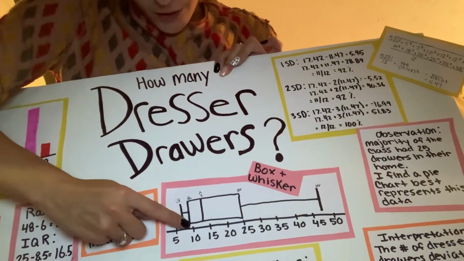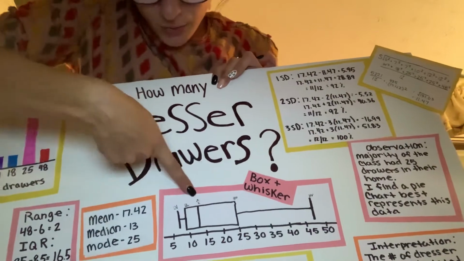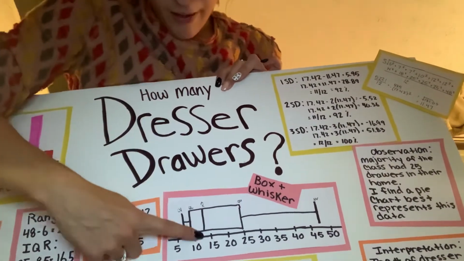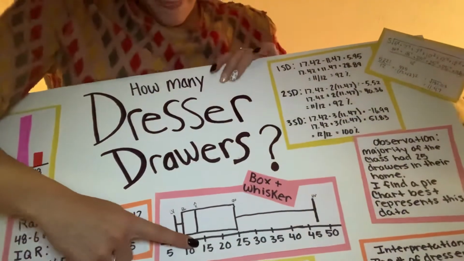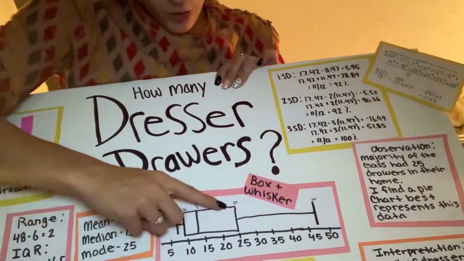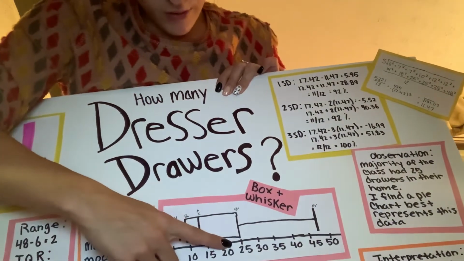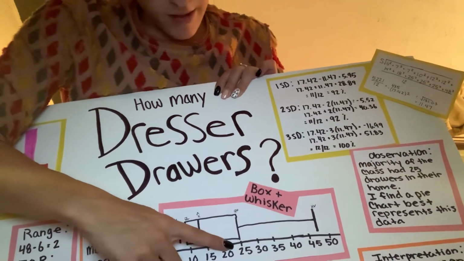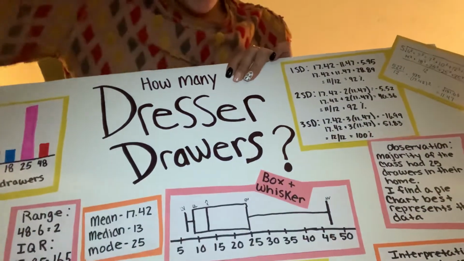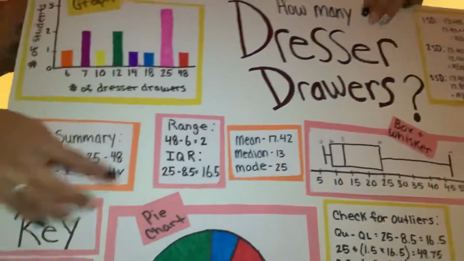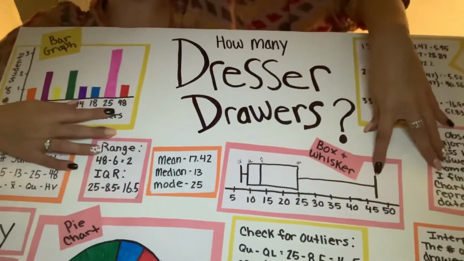So we're down here about 8.5, and then this would be our median, which we are at 13. You can see not quite at 15. And then here we have our upper quartile. Okay, you can see that. And then moving all the way down to our highest value, which would have been the 48. And then we can see that right here.